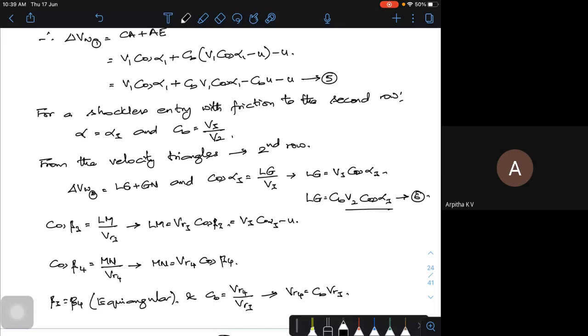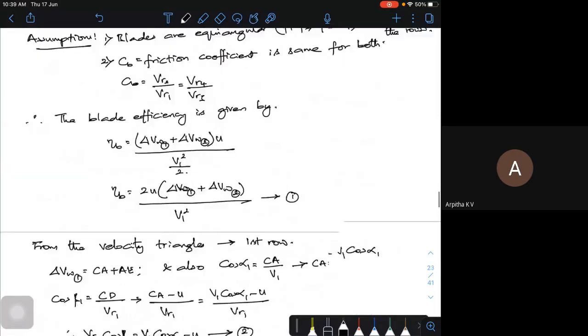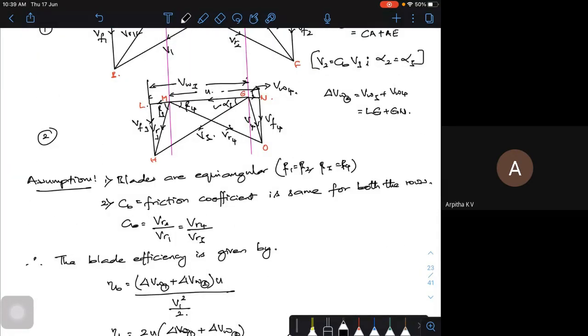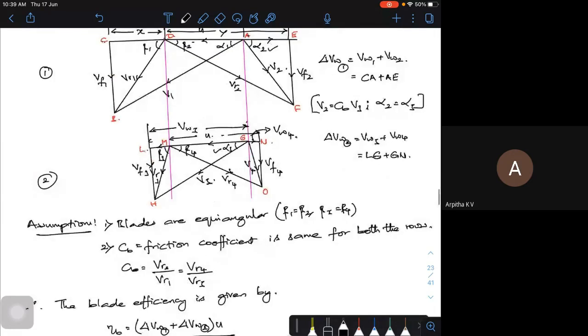Your alpha 3 should be equal to alpha 1, because those angles should be similar, as it is a two-row arrangement. For a shockless entry, this is the angle. This is a bit difficult. Alpha 3 should be equal to your alpha 1.